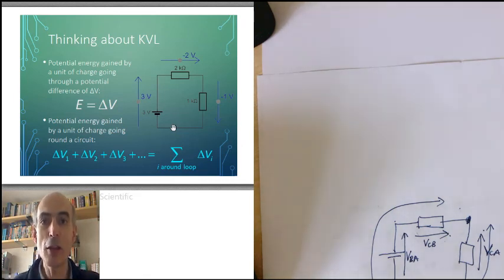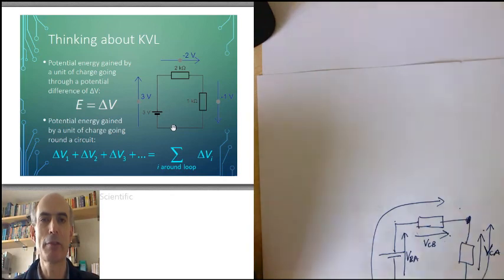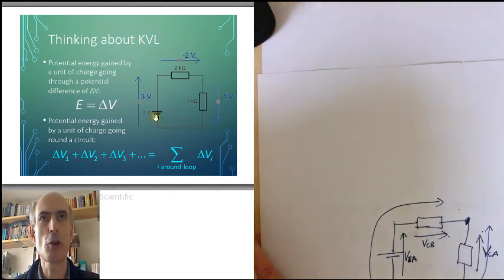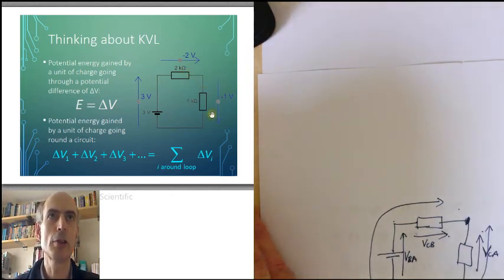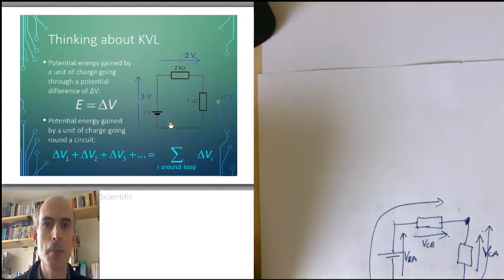This makes no sense, because a fundamental principle of physics is that energy is conserved. So we have to have this situation in which the total potential difference around a closed loop is equal to 0. Otherwise, conservation of energy is broken. Or is it? More about that one later.